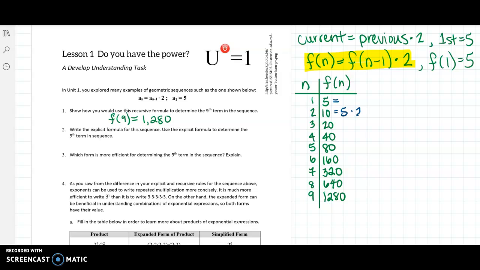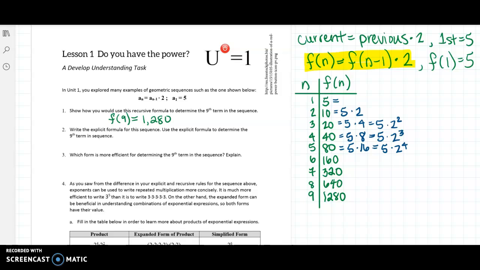That's 5 times 2. 20 is 5 times 4, which is equal to 5 times 2 squared. 40 is 5 times 8, which is equal to 5 times 2 to the 3rd power. 80 is 5 times 16, which is equal to 5 times 2 to the 4th power.